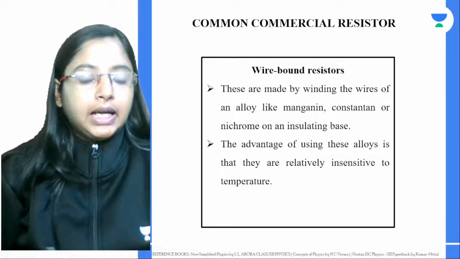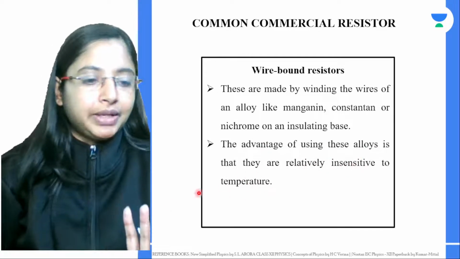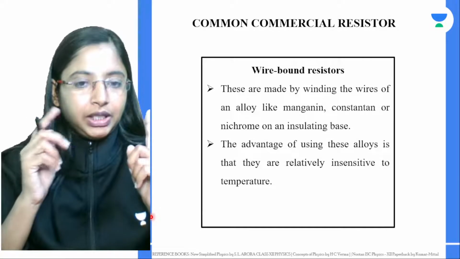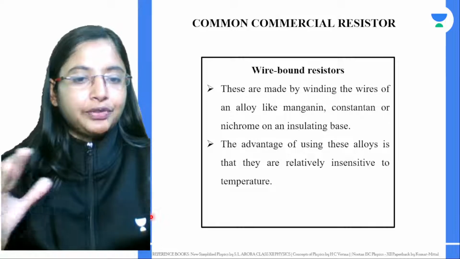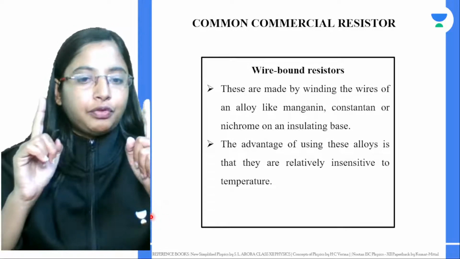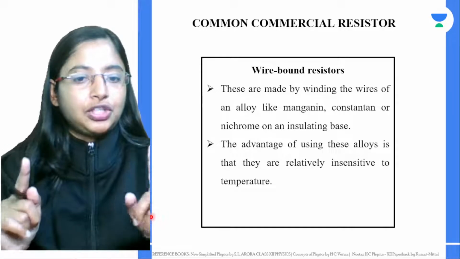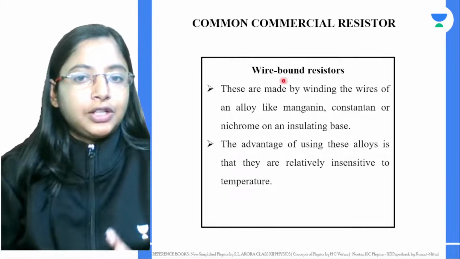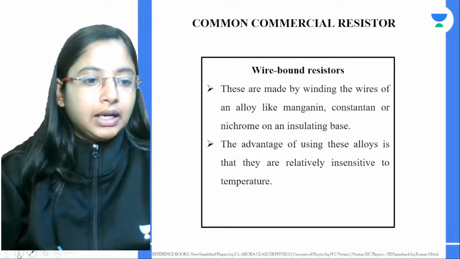The advantage of using these alloys is that they are relatively insensitive to temperature. When you're learning about the voltage to current relationship, Ohm's law, this is for a given constant temperature. If temperature changes, the values of V and I also change. So the advantage of wire bound resistors is that they are relatively insensitive to temperature.